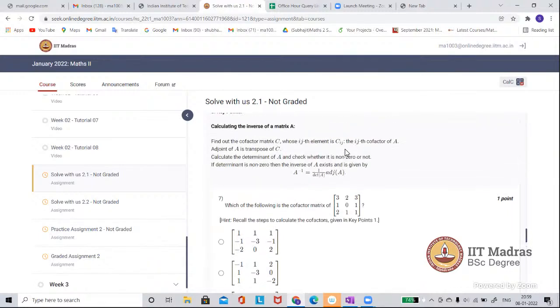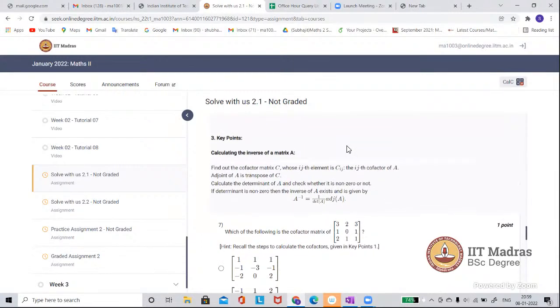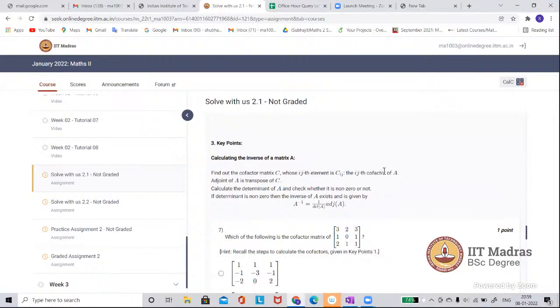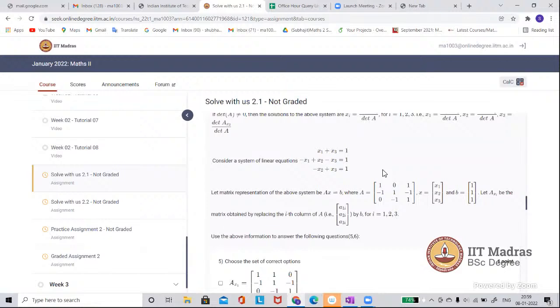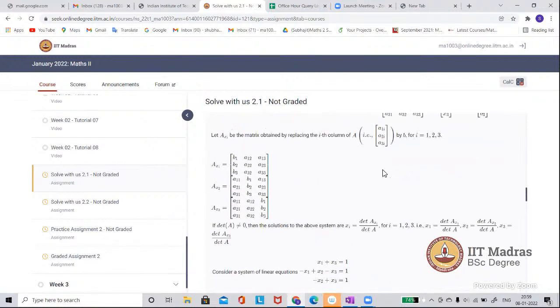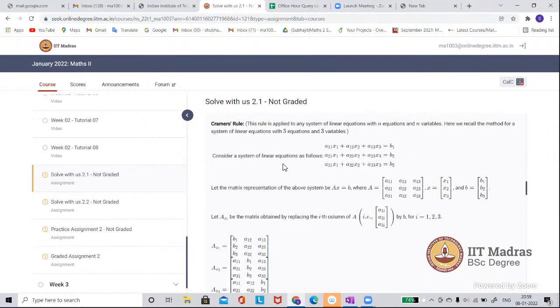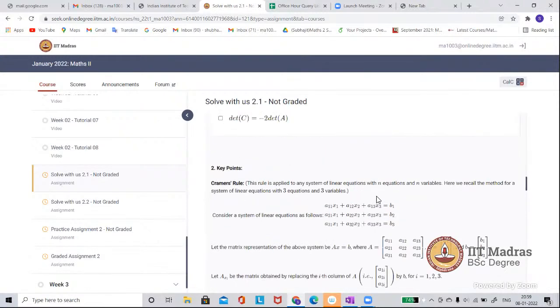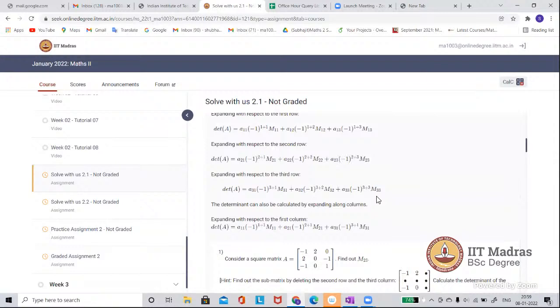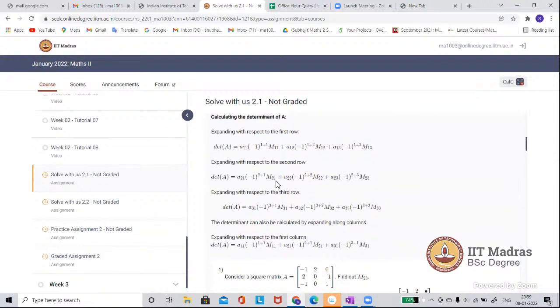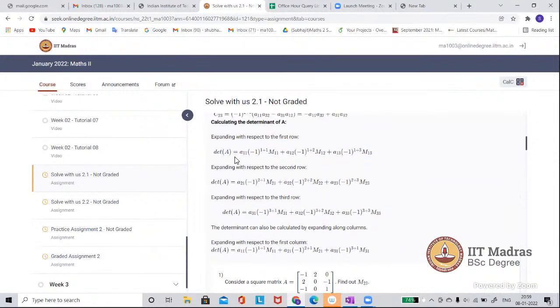Actually, there is written what the cofactor is. Yes, this is the determinant. Okay, yes, we have to multiply.